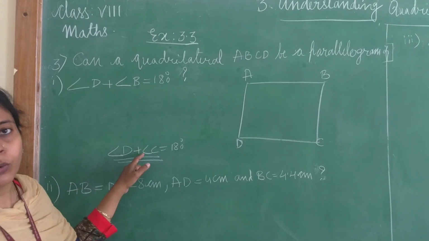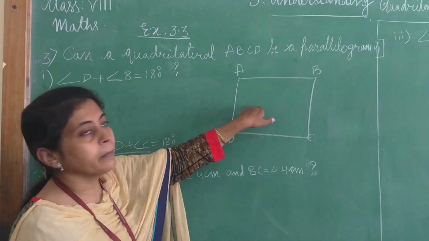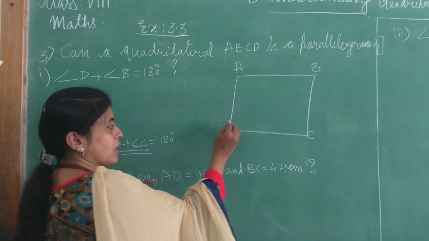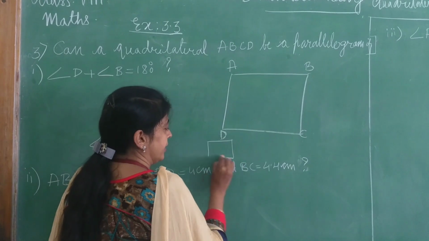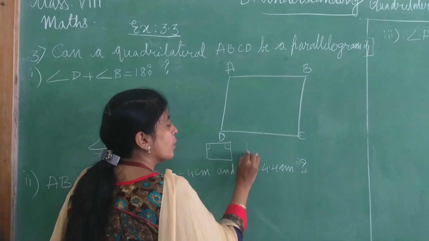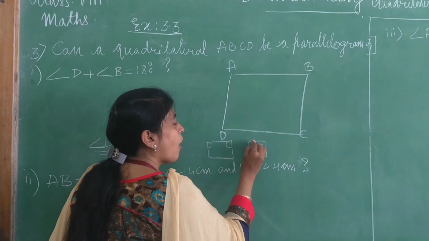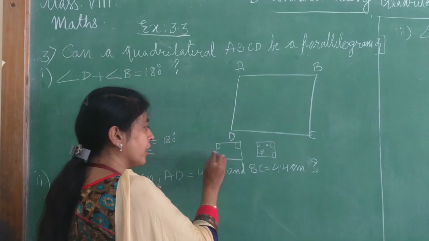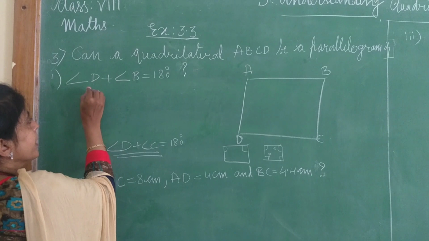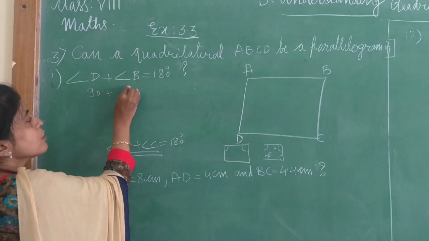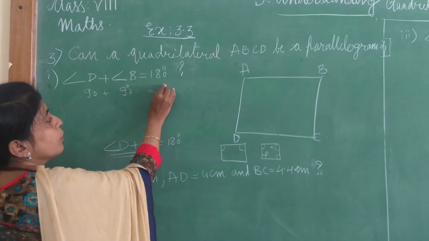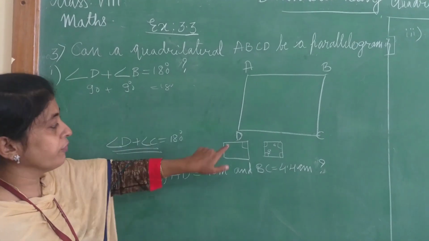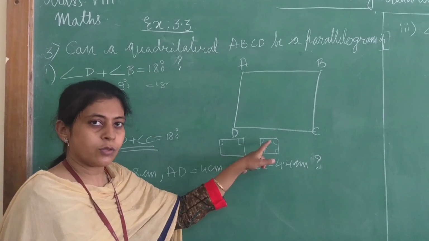But it can be true if the parallelogram is a rectangle or a square, because in case of a rectangle and square, all the angles are 90 degrees. So if angle B is 90 and D also is 90, then it can be equal to 180 degrees. But it is not necessary that it will be a rectangle or a square.